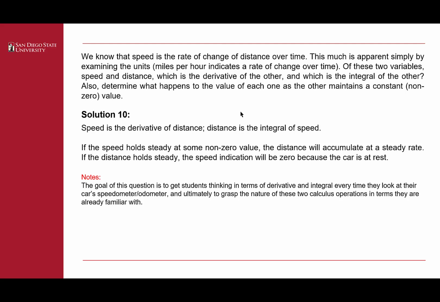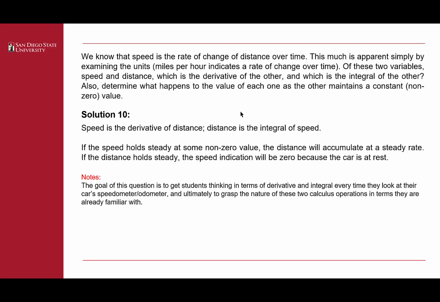If the speed holds steady at some non-zero value, the distance will accumulate at a steady rate. So even if the speed is constant, the distance will increase, because if you think about it logically, the reasoning behind this relation is very clear.